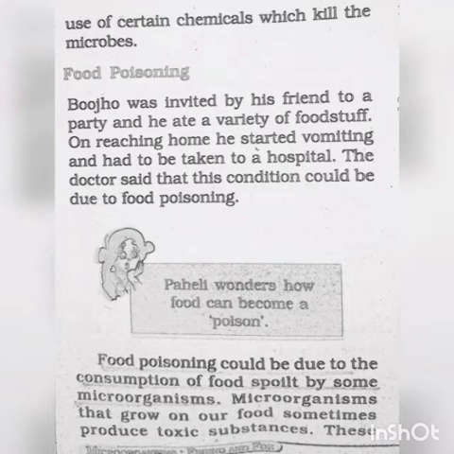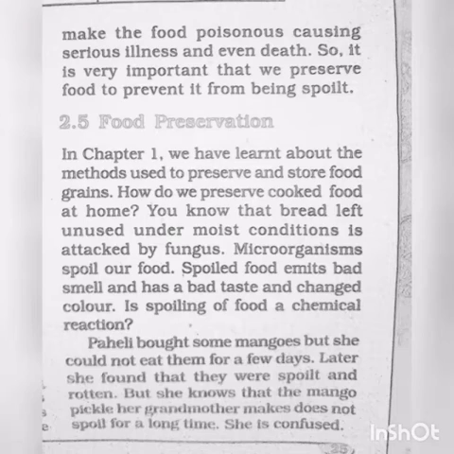Microorganisms that grow on our food sometimes produce toxic substances. Toxic means very poisonous substances. These make the food poison, causing serious illness and even death. So it is very important that we preserve food to prevent it from being spoiled.